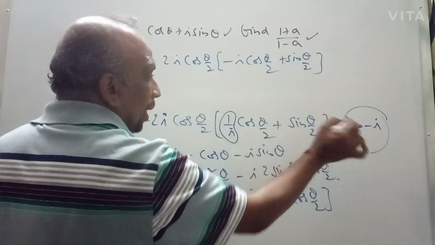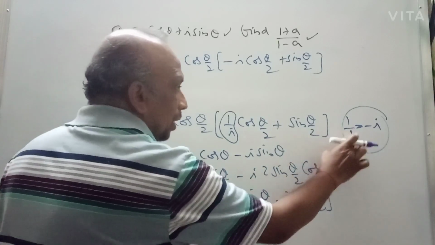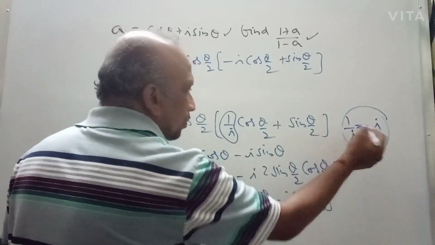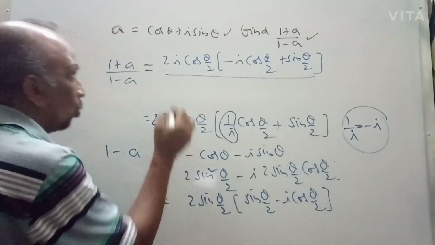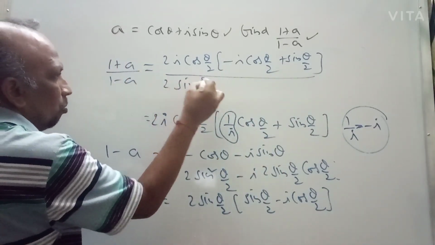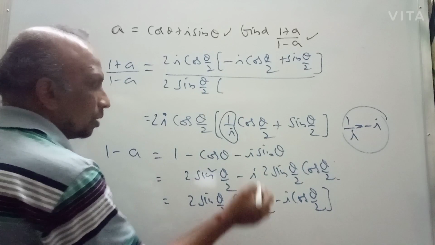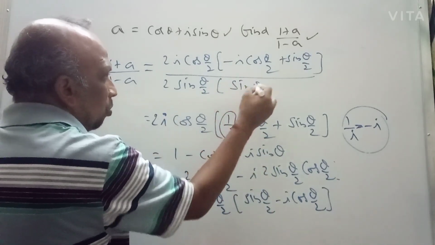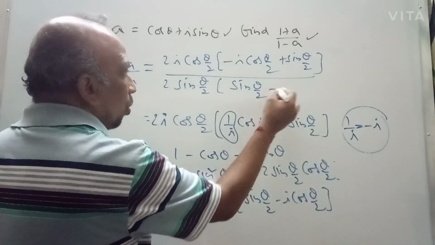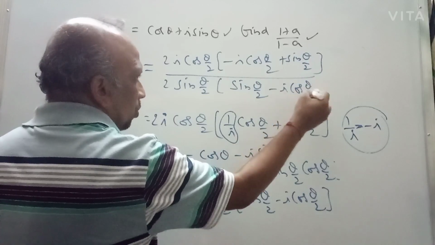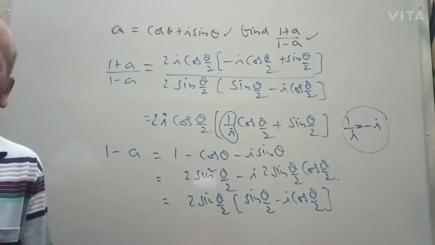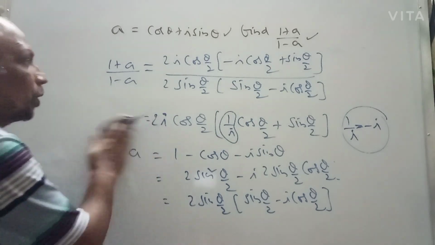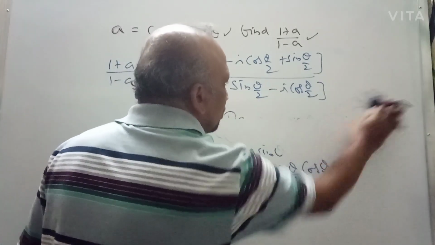Correct, you can check 1 by i equals minus i. Remember 1 by i equals minus i. I replace this, and you write 2 sin theta by 2, and you can see here this is sin theta by 2 minus i cos theta by 2. Now you can observe numerator and denominator have one common factor, so you can eliminate the common factor.